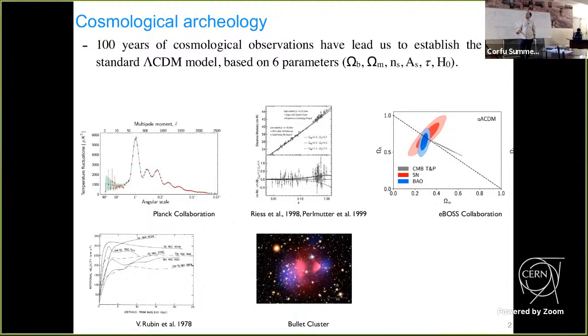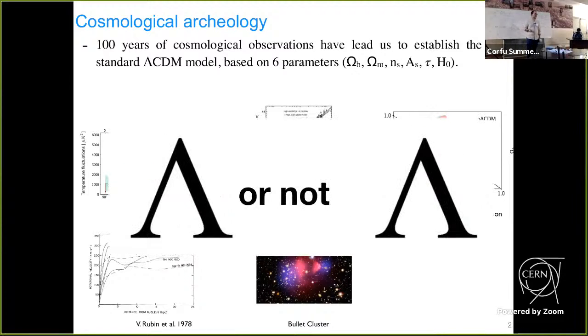Then we have the clustering analysis. Then on the dark matter side, we have lensing studies, the rotation of the galaxies, etc. So basically, we have this thing set up as a standard, even if we still lack a lot of things. But the question this decade, from a cosmological point of view, is basically lambda or not lambda.